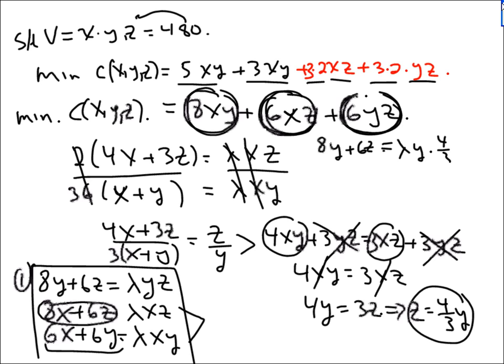The z is 4/3 y. So 8y plus 6z is equal to 4/3 times lambda times y, which is y squared.